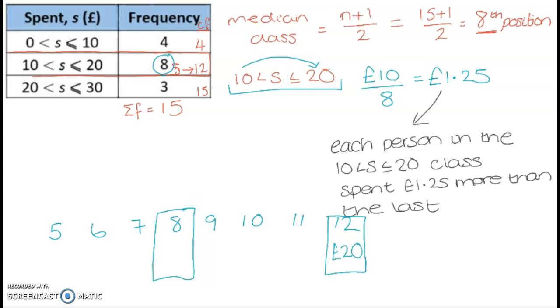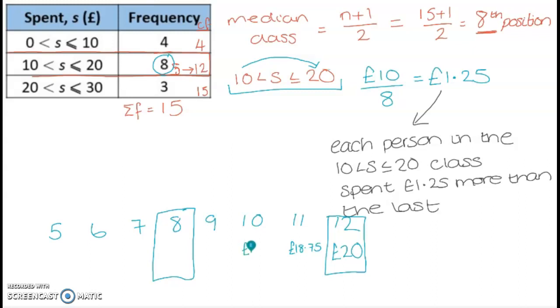So if each person in the category spends £1.25 more than the last, I'm going to use that to work backwards. If person 12 got £20, person 11 got £1.25 less, so they got £18.75. Person 10 got £1.25 less again.